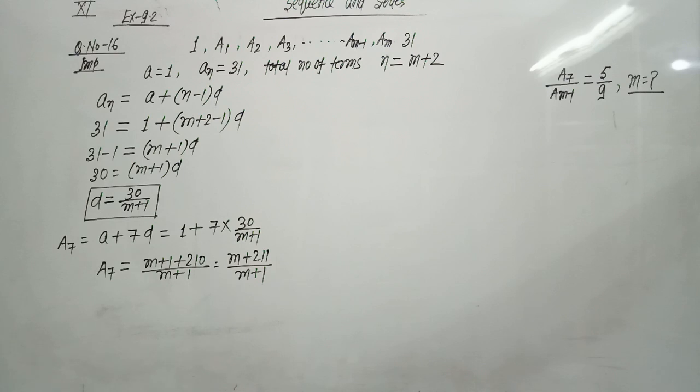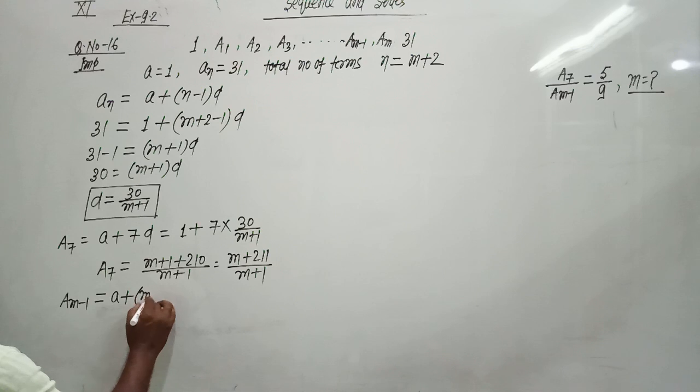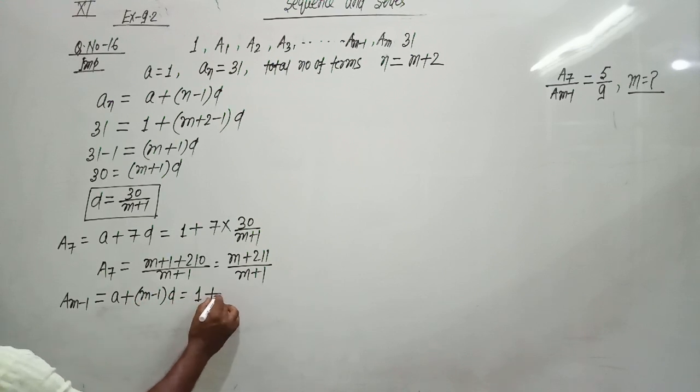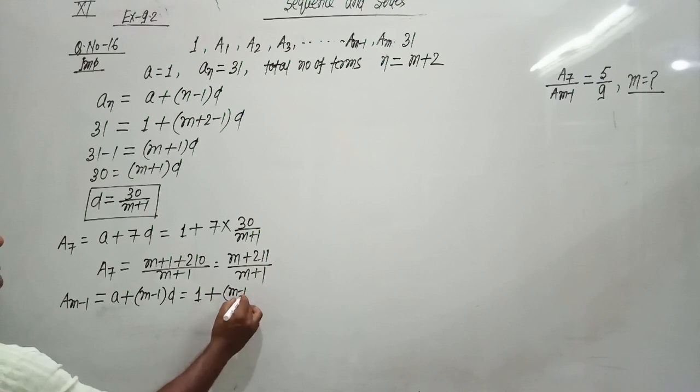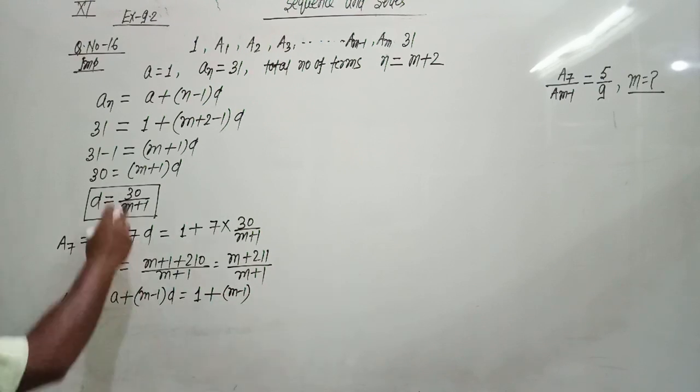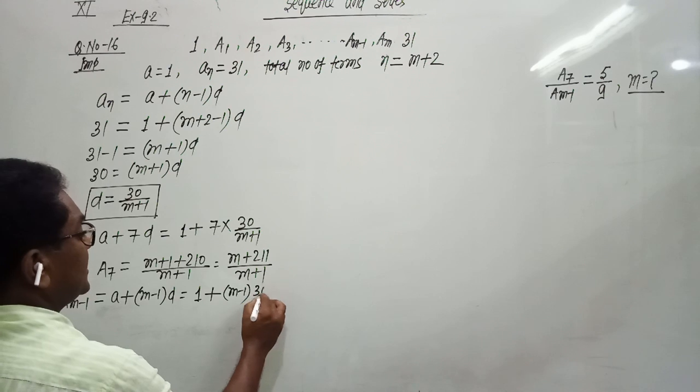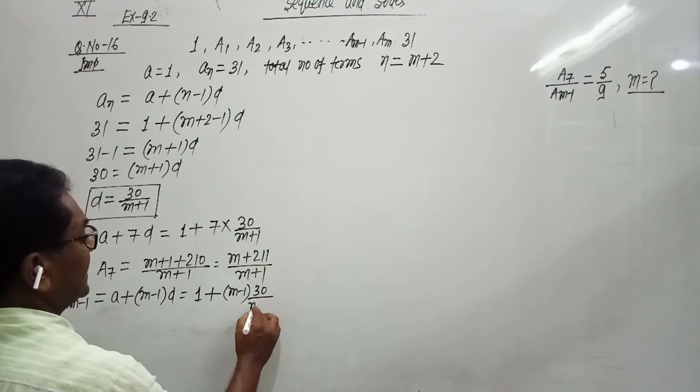Similarly, we calculate the value of A(m-1). So A(m-1) is given by a plus (m minus 1) into d. The value of a is 1 plus (m minus 1), and the value of d is 30 upon m plus 1.